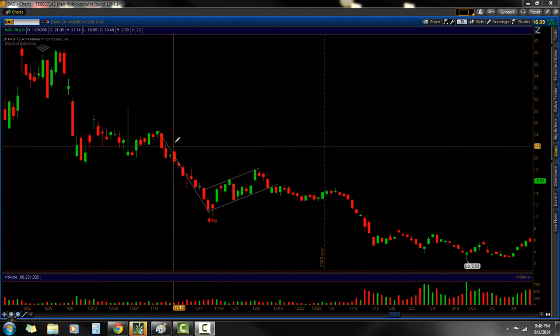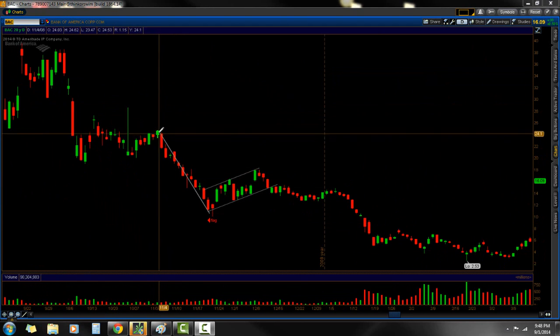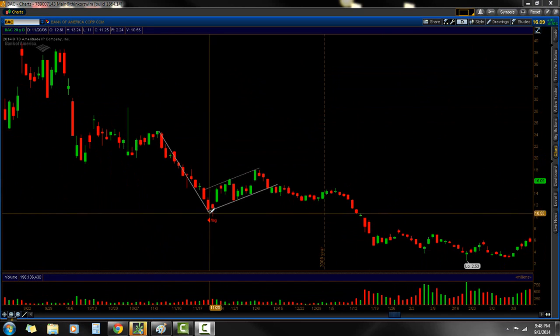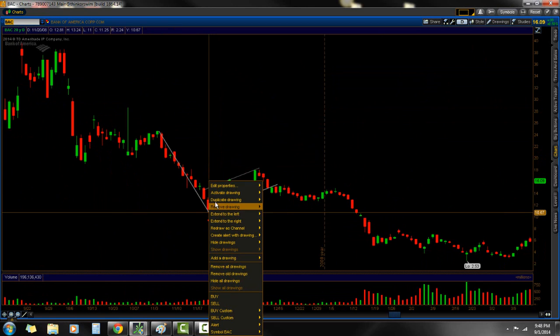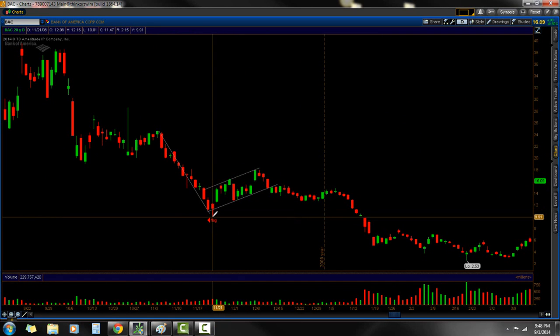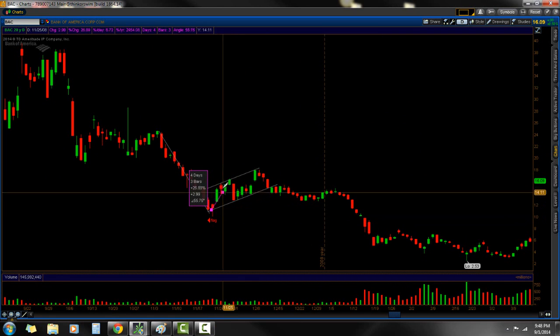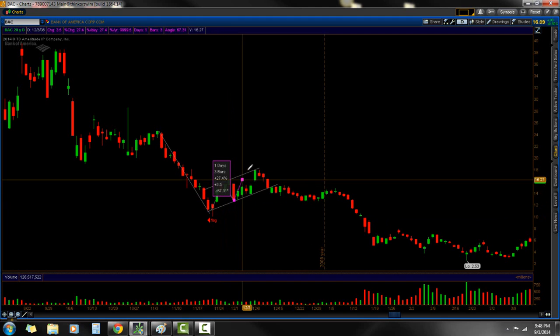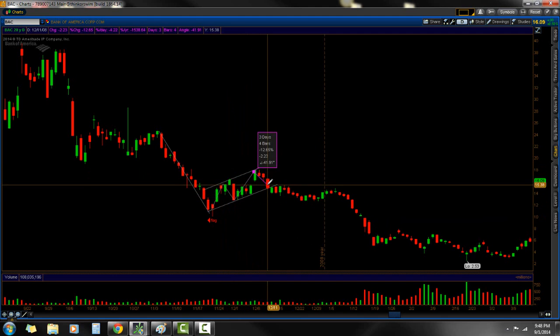Alright, this one will do. Start of the pole up here, bottom of the pole here, maybe this candle here. However you want to do that, it's fine. Got some fluctuation going on here. Not the best, but for my purposes right now, it's fine.